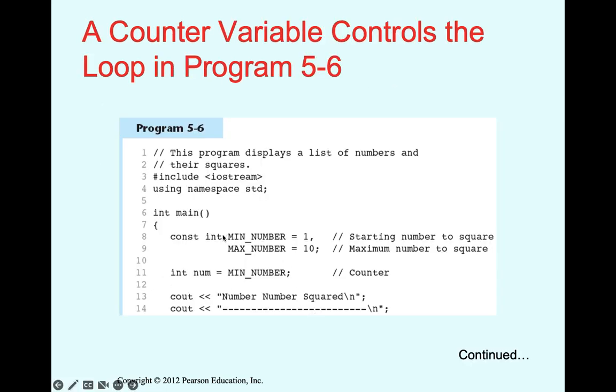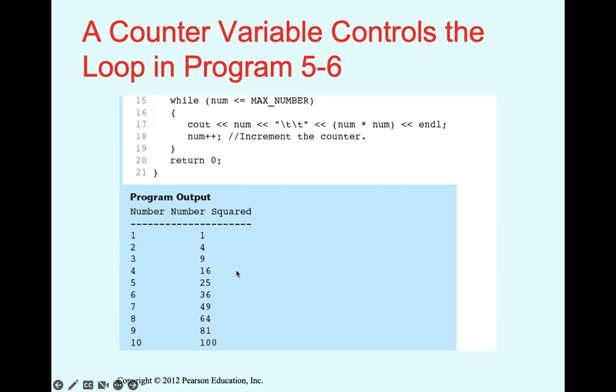Let us take an example. Imagine you want to run a loop 10 times, okay? So your counter is called num, and you initialize it to 1, the minimum number. Then inside the loop, while num is less than or equal to 10, we print something, we do something, and then we increment num to be 2.